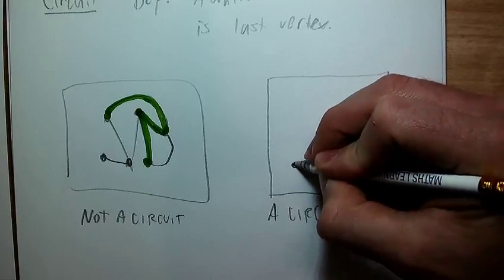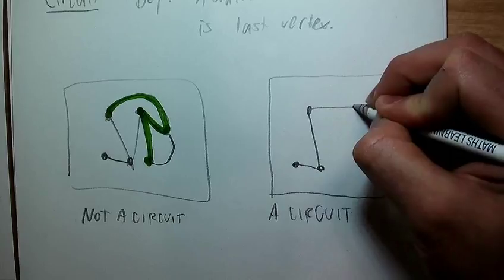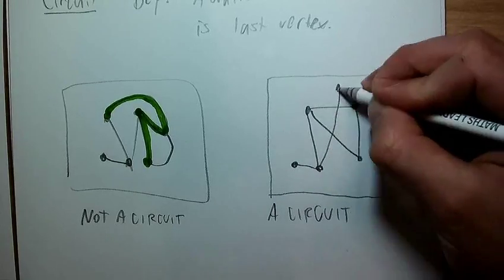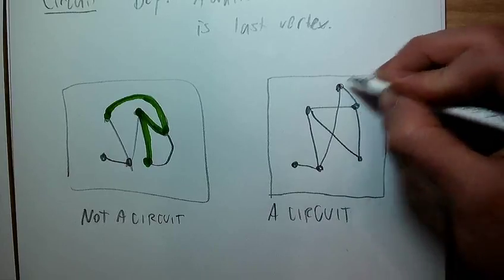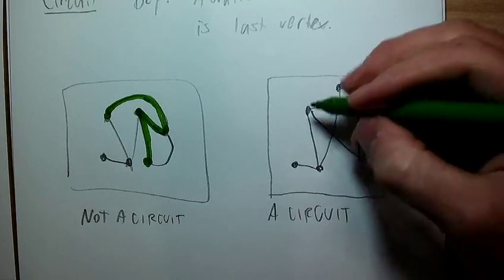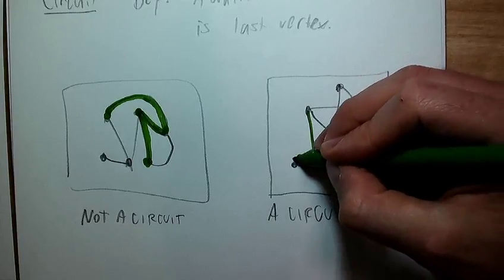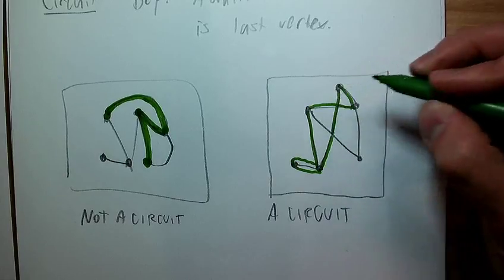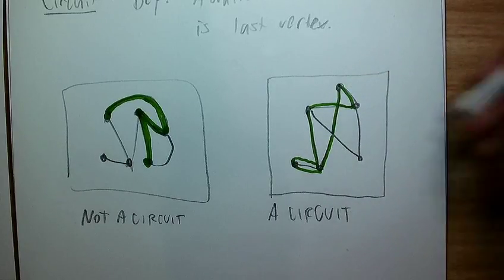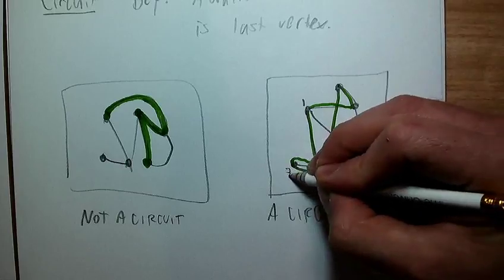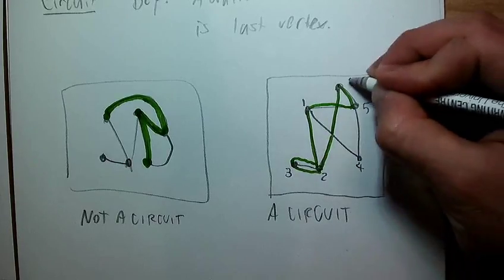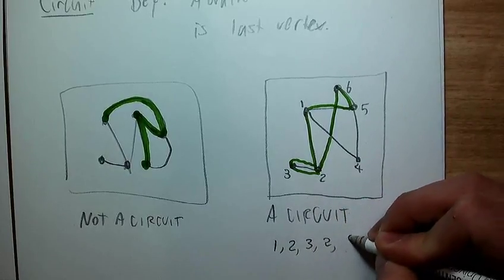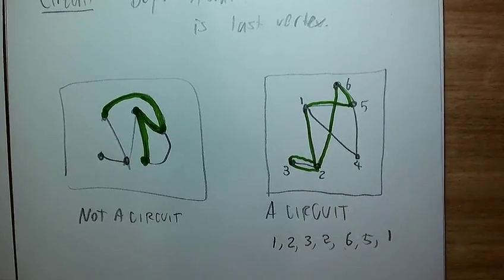So a circuit, this would be a circuit. Like that. It comes back to where it started. So if this was 1, 2, I could do it as 1, 2, 3, 2, 6, 5, 1.